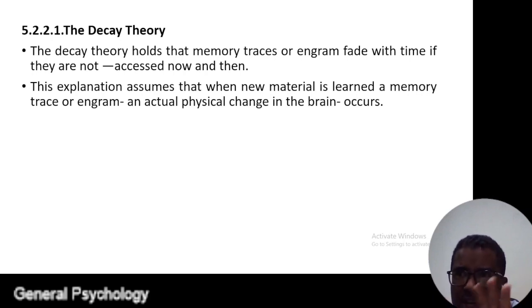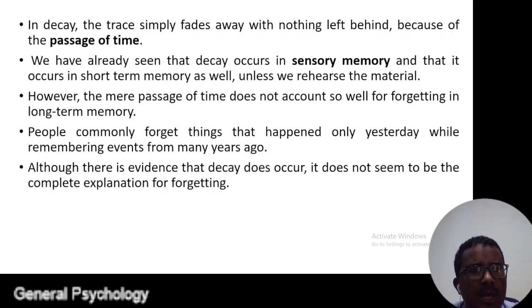Information will decay. That is one of the factors that enhances our forgetting. So in decay, the trace simply fades away with nothing left behind because of the passage of time.